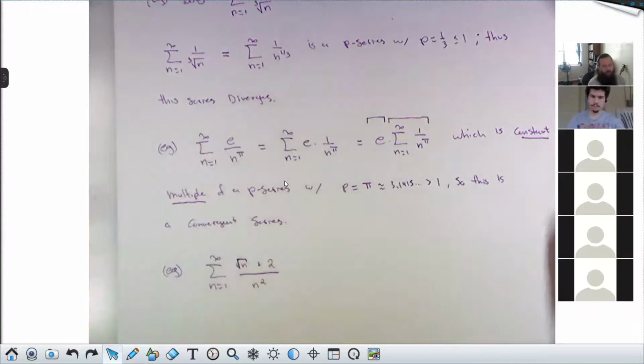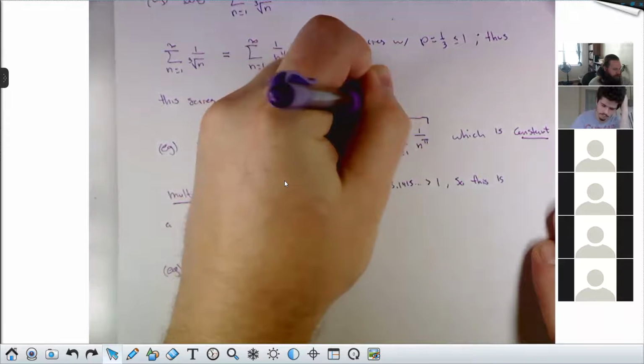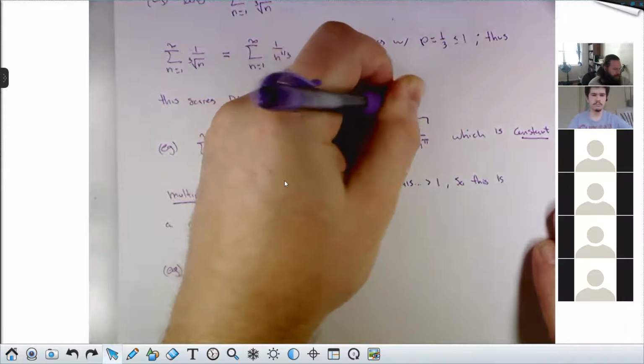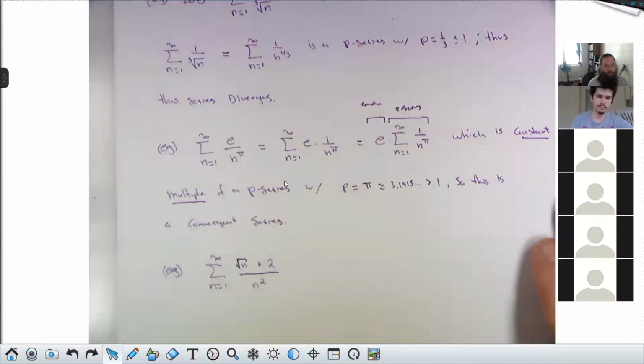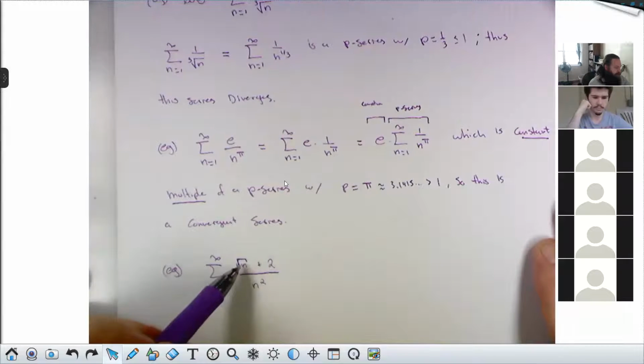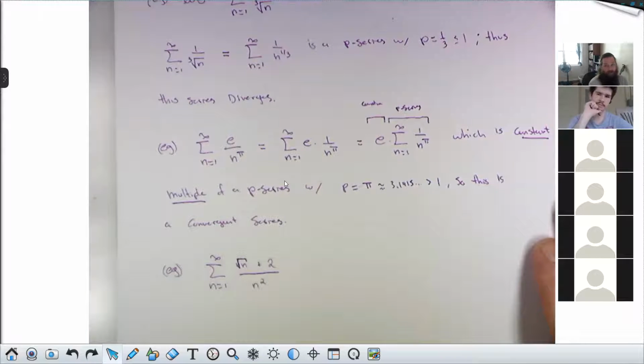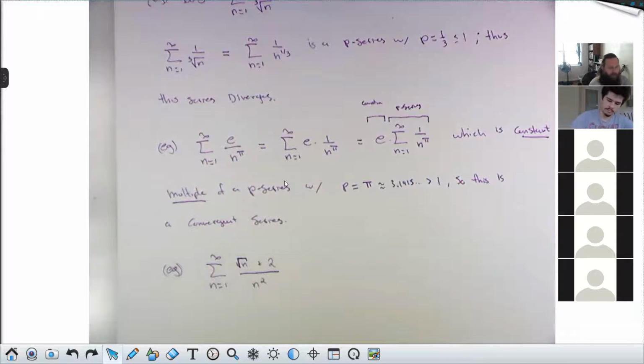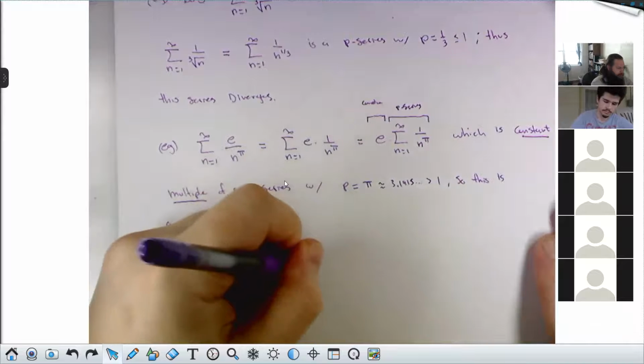This is surely not a p series, nor is it a multiple of a p series. Up here, we had a constant and a p series. Down here, though, there's nothing I can factor out. And even if I could, you can't factor an n out of the series because it's not a constant. Constants pop out, but non-constant things don't. So what can I do here? Split it up. Very good, Ethan. Yes, we can do some algebra.